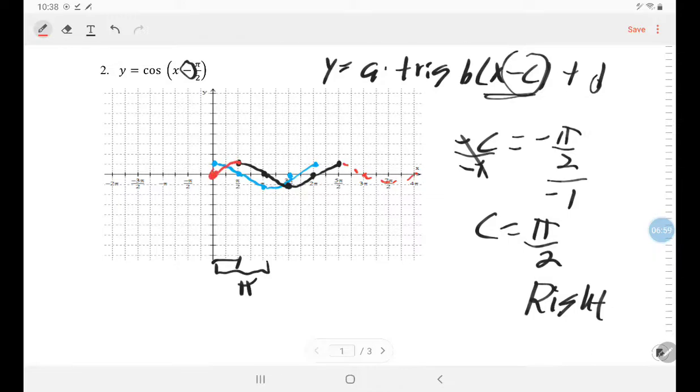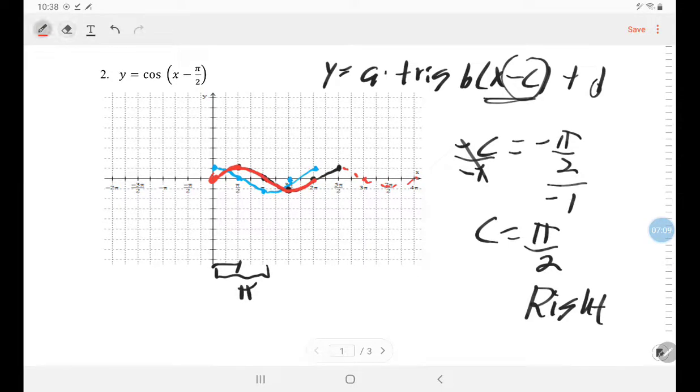And what do you see? What does this graph right here look like? Does that look familiar? What I hope you see is that this graph of the cosine being shifted pi over 2 to the right is really the same as the sine of theta.